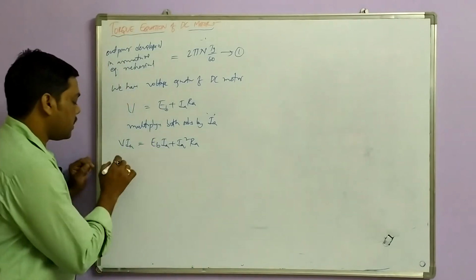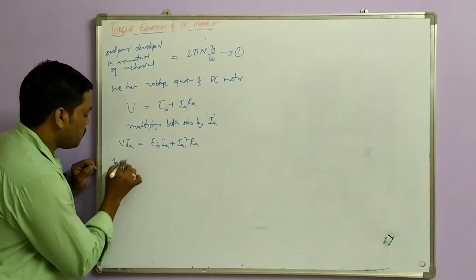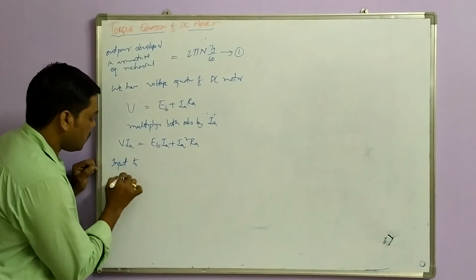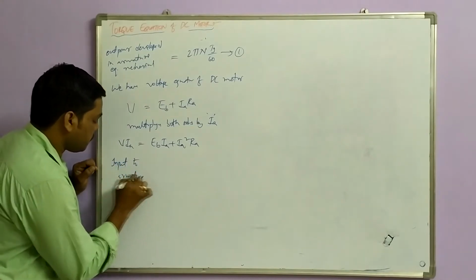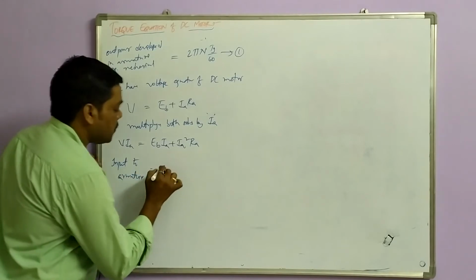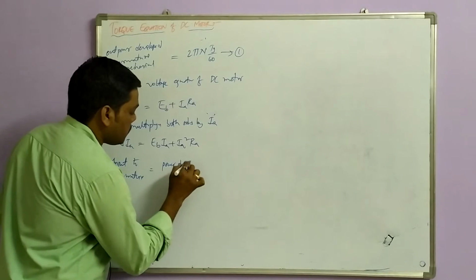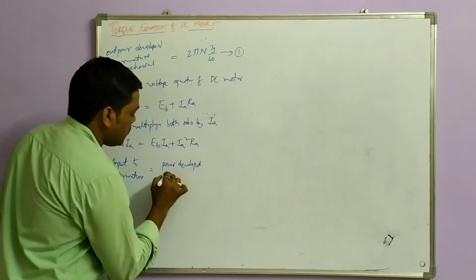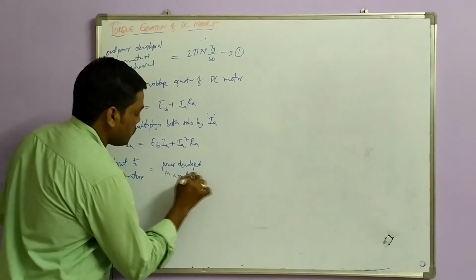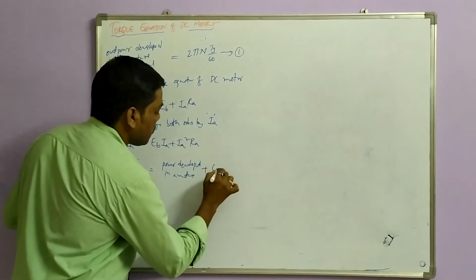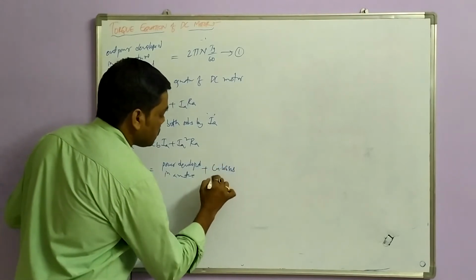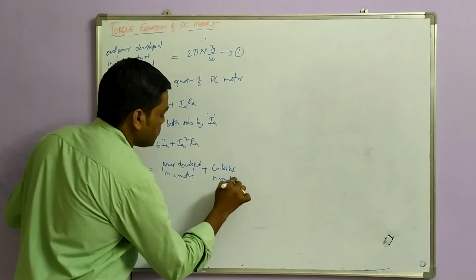So we can write: input to armature is equal to power developed in armature plus copper losses in armature.